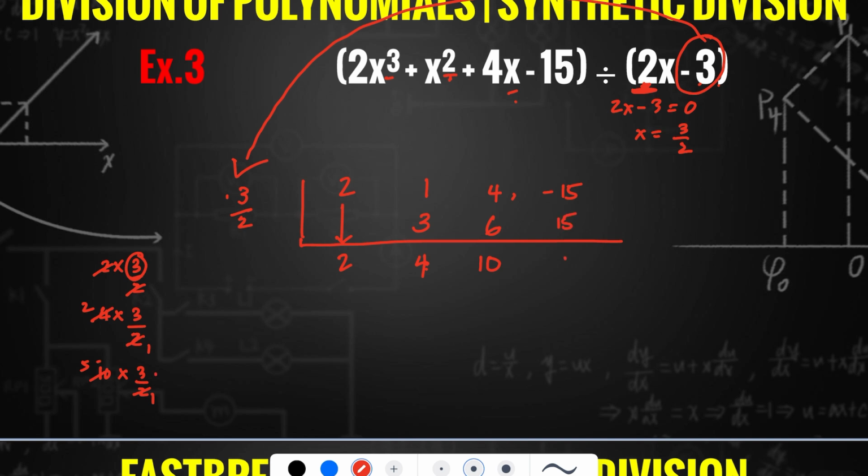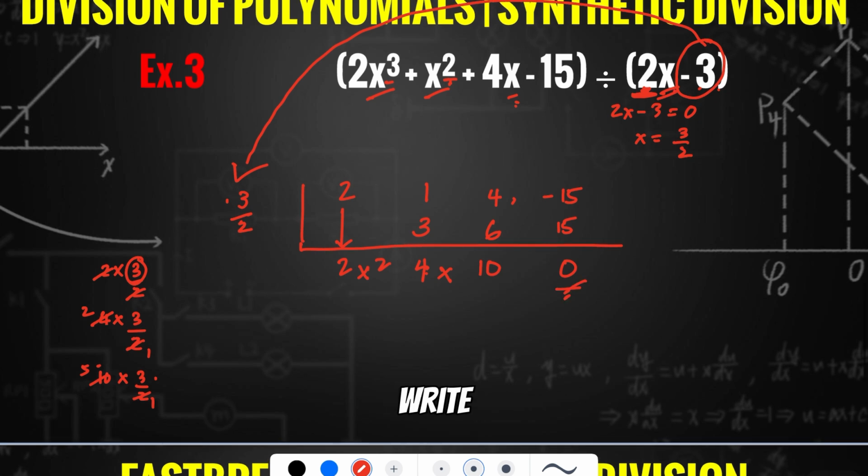Minus 15, 0. And then divide your variables, x cubed divided by x, x squared. X squared divided by x, x. And then x divided by x, 1. And remainder, 0. So you don't have to write this one. Okay, so this is positive, this is positive.